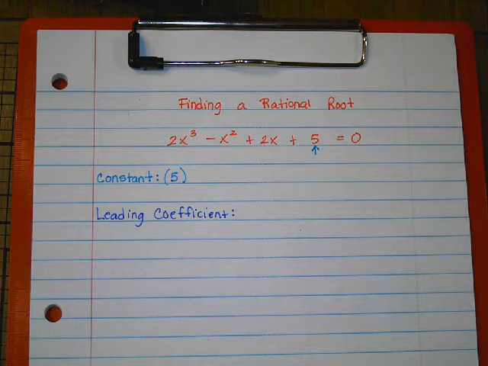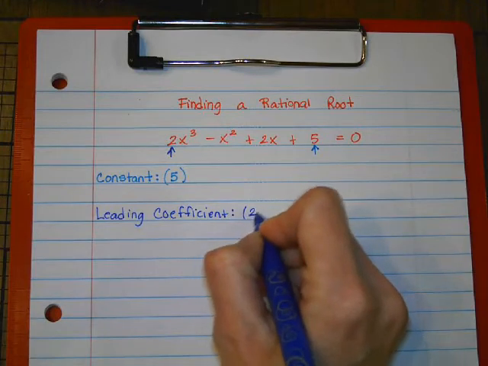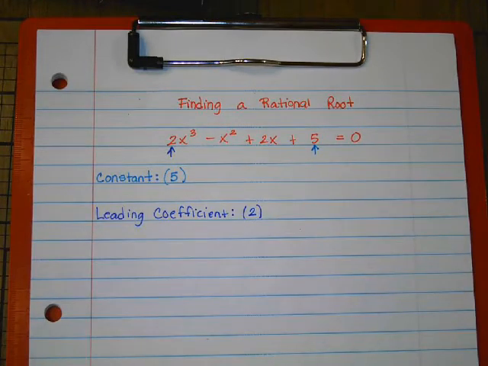Okay, let's see who thinks they might know. All right, Jeremiah Pauling, who is my leading coefficient? That's right. My leading coefficient is 2. That is beautiful. Gorgeous. All right, so we've had the hard part, just identifying who is your constant and who is your leading coefficient. All the other numbers, they don't matter to us right now. We do not even need them. They're just there for the show.